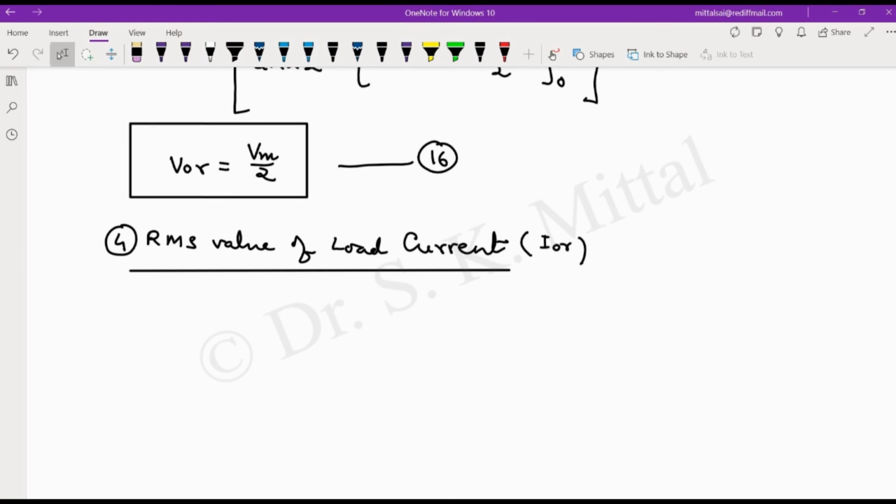If the RMS value of load current is represented by I0R, then I0R will be simply V0R, the RMS value of output voltage, divided by the value of the resistive load. Since we have proved V0R is equal to Vm divided by 2, it is divided by R. So this is the RMS value of load current.